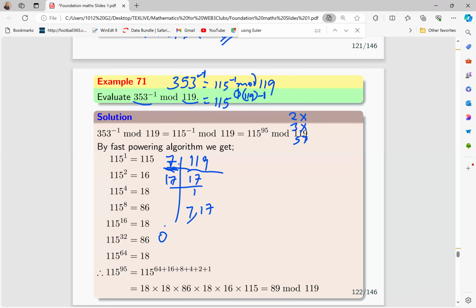Now, what is Euler phi of 119? Euler phi of 119 is 1 minus 1 out of 7, multiplied by 1 minus 1 out of 17, then multiplied by 119.